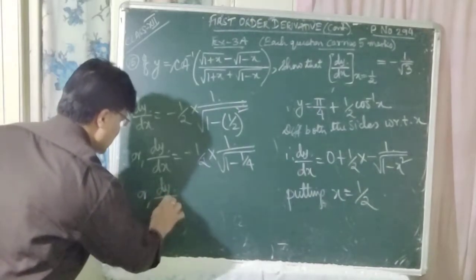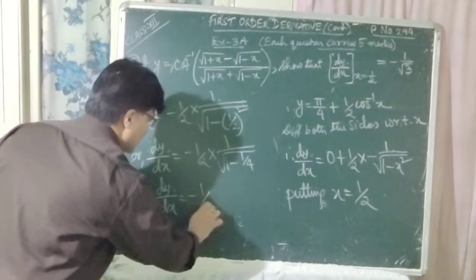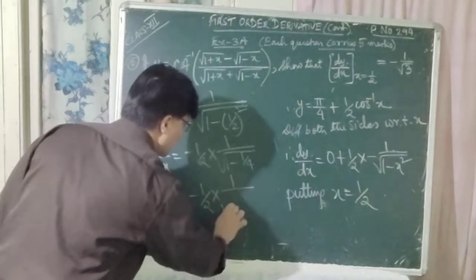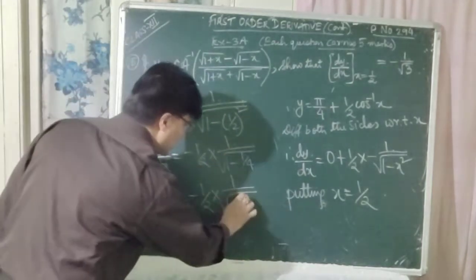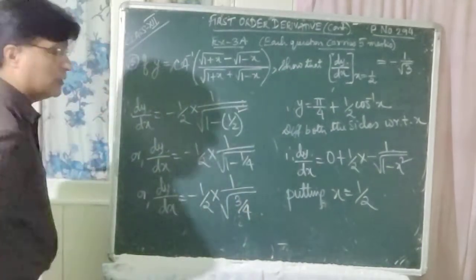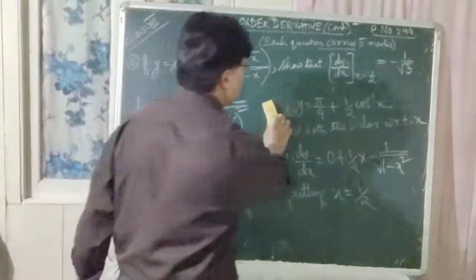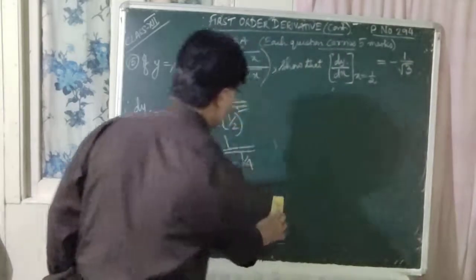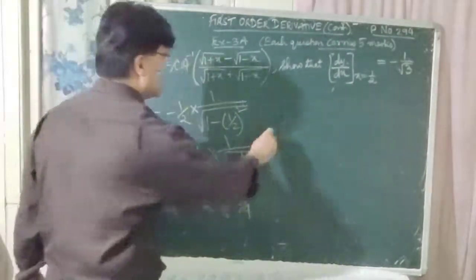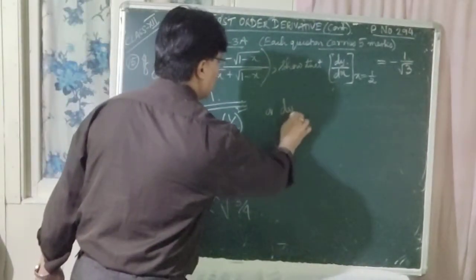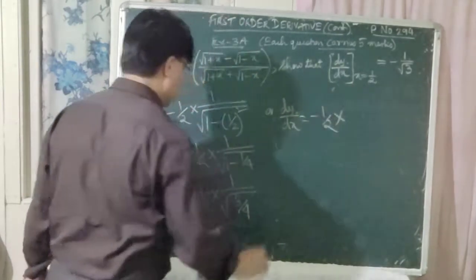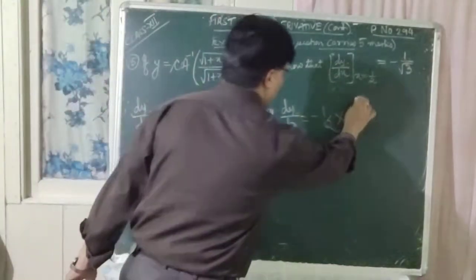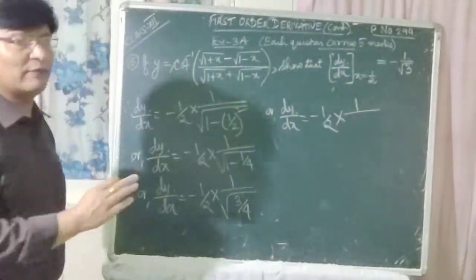dy by dx is equal to minus half into 1 upon within square root. You can simplify it. 4 ones are 4 minus 1, that is 3 by 4, right? So what is square root of 3 by 4 now? Yes, tell me. dy by dx is equal to minus half into 1 upon square root of 3 by 4, what is it?